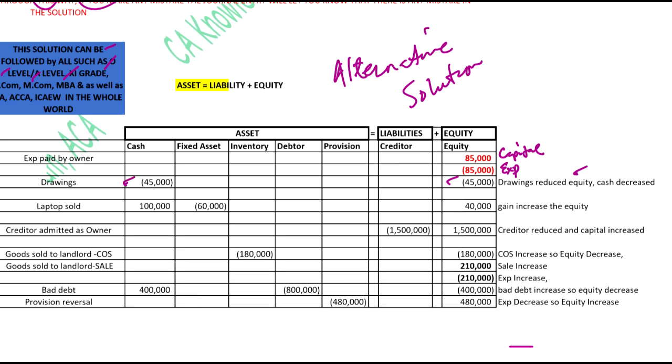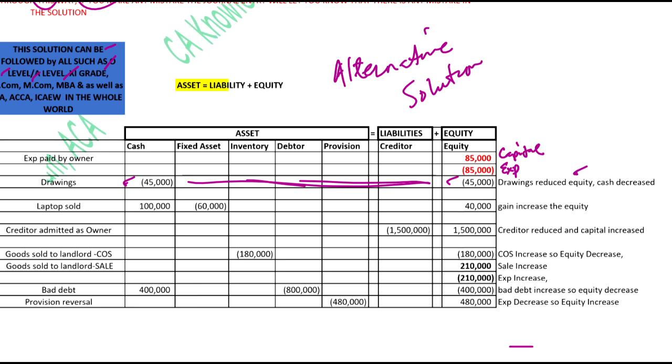So here you will not be able to check whether you are doing the correct entry or the wrong entry. Both are going down. Even a professional may sometimes wonder whether both should be less, both should be added, what to do. So the best solution is the journal entry solution.